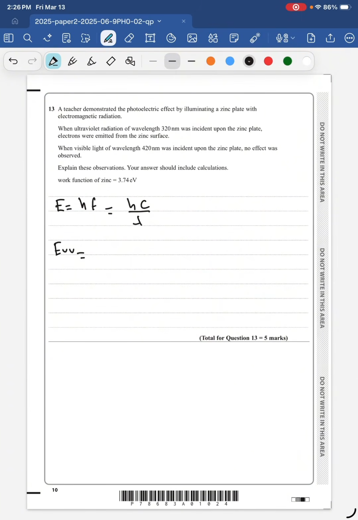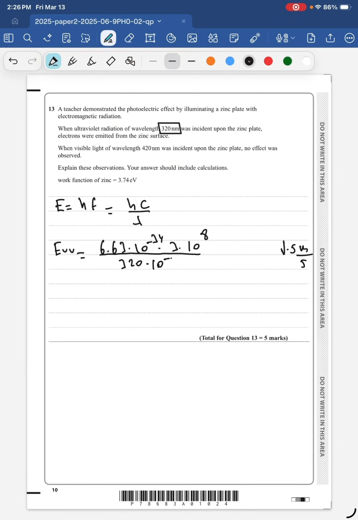And if we just plug in numbers, 6.63 times 10 to the negative 34. And again, I'm going to put all the units to the right. So the units for h are joules times seconds, okay? c is the speed of light, 3 times 10 to the 8, and then meters per second. And then in the denominator, we have the UV wavelength, which is 320 nanometers.